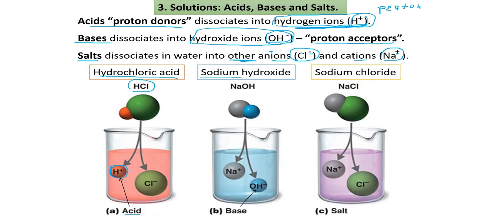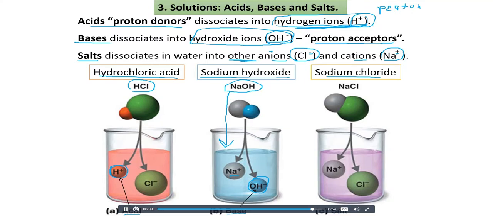If we put sodium hydroxide inside of the water, what is happening? It will again dissociate and the cation will be sodium, but for us it's important that the anion will be hydroxide ions. So this is why it's a base.